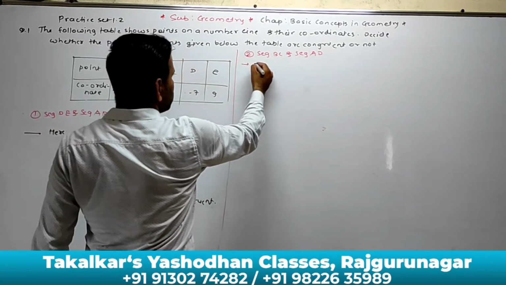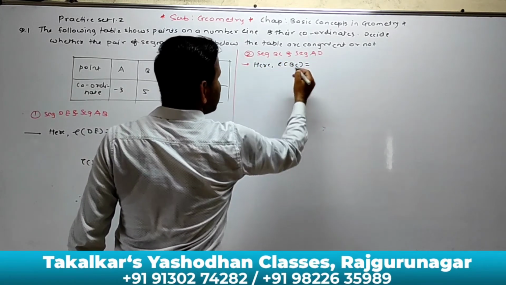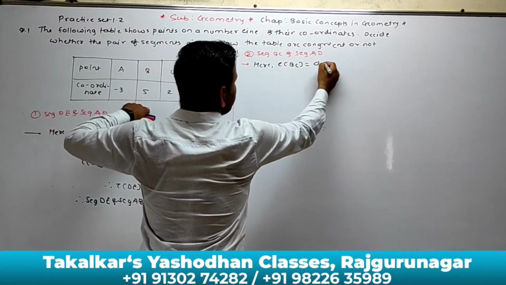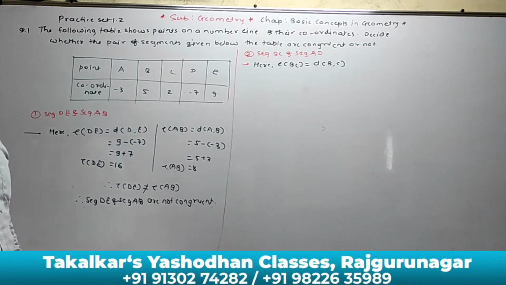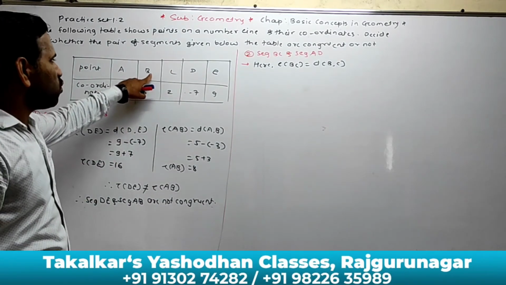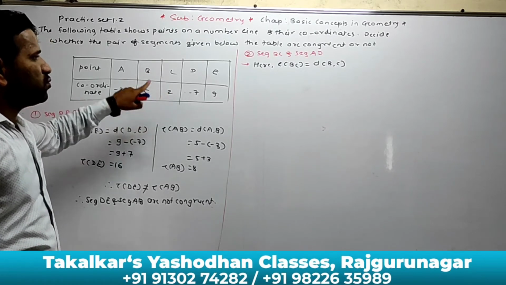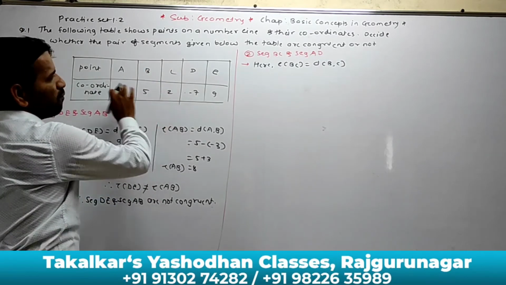So first of all, length of BC will be distance between B and C. How we can find out the length of BC? By finding out the distance between B and C. So what is the coordinate of B? 5. What is the coordinate of C? 2. So we can find out the distance between these two by subtracting 2 from 5.